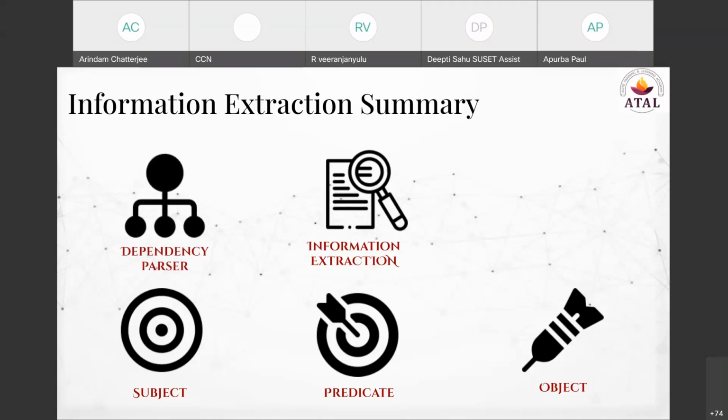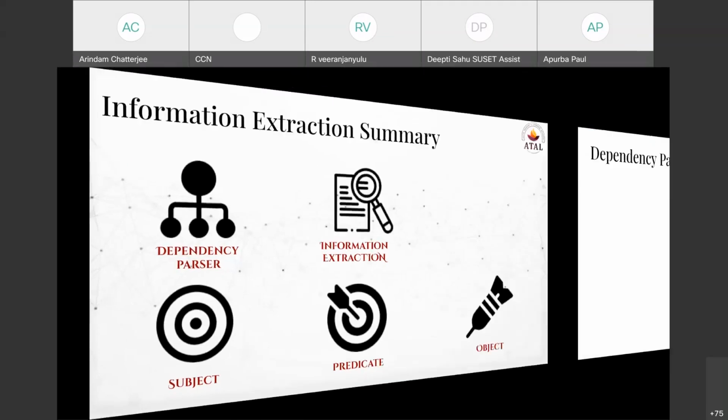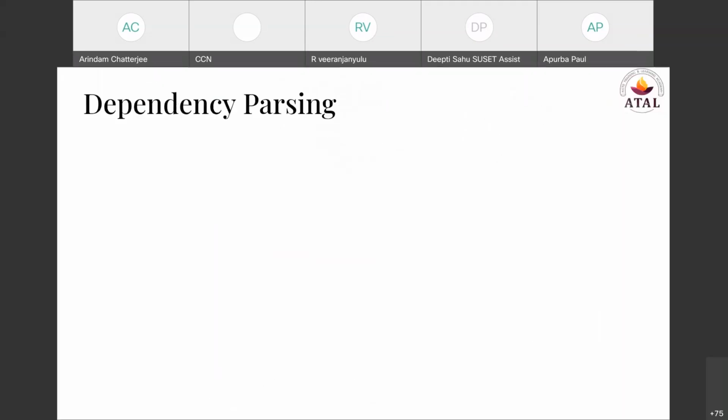A dependency parser will help us find the subject, predicate, object, and a lot more information from this unstructured text. Okay. That will conclude our information extraction part for knowledge graph building. So let us look at dependency parsing. If you have any questions at this point, please go ahead and ask.